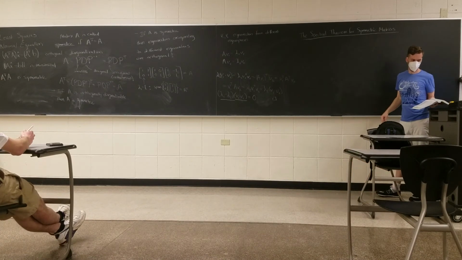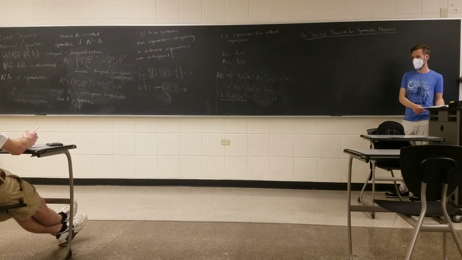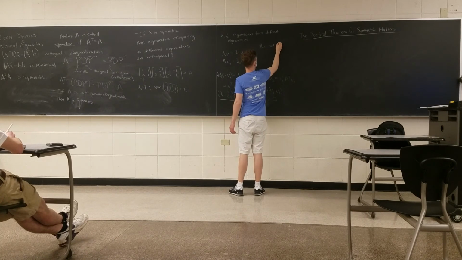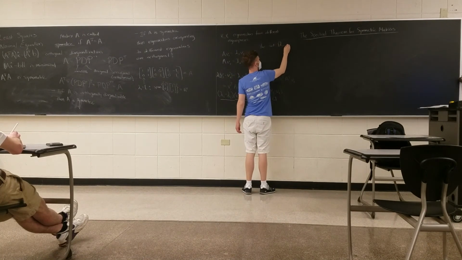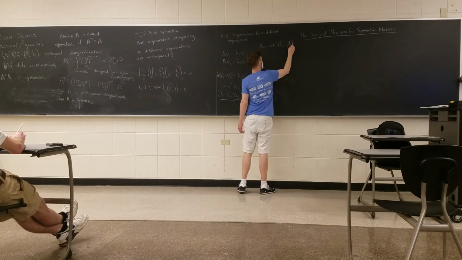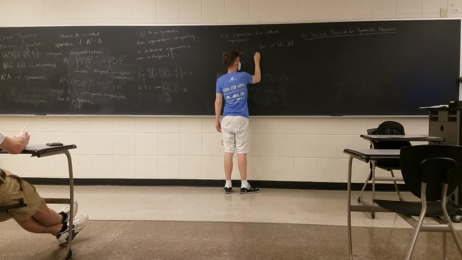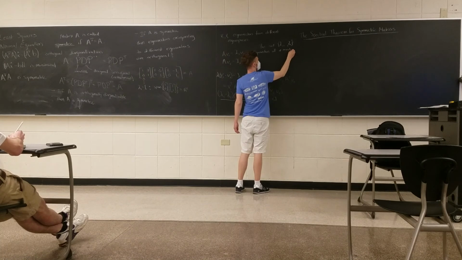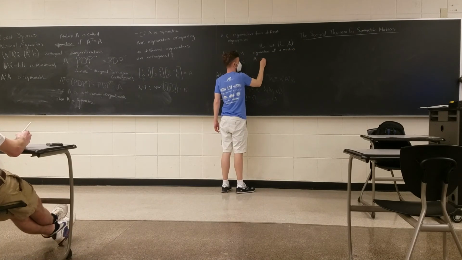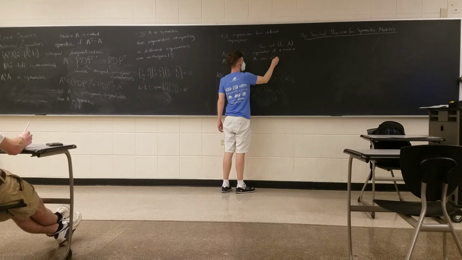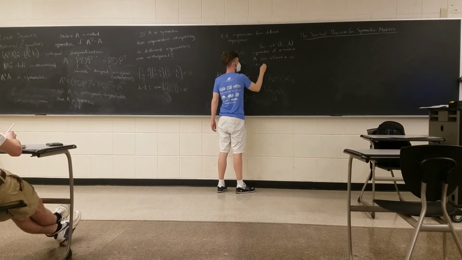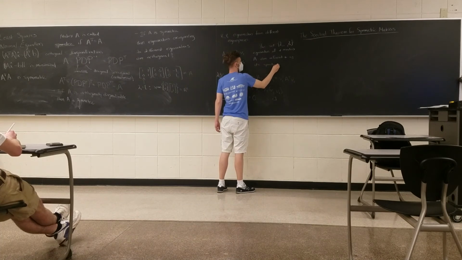The eigenvalues for a matrix are often called its spectrum. So the set lambda 1, lambda 2, up to lambda k, the eigenvalues of A, are sometimes referred to as its spectrum.